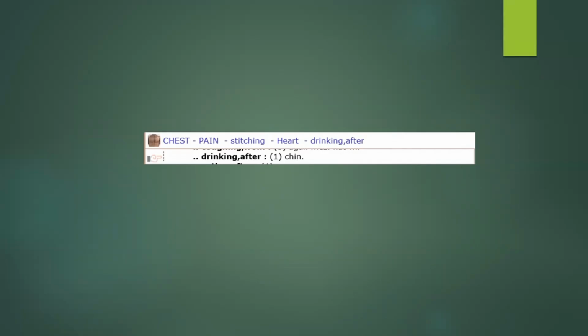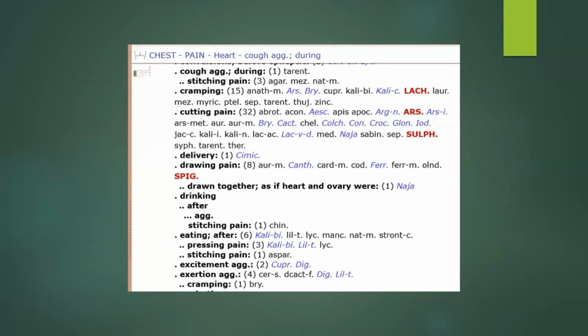And so we did a job to change it all for everybody. And look here, you have the chest pain heart, and the drinking comes first and the stitching is there. And the drinking is in between the cough, you see the cough from the first screen, and even the cough symptom, look here, has also a rubric at stitching with 3 remedies, Agaricus, Mezereum, Natrum muriaticum, which is different from the only Tarantula remedy.